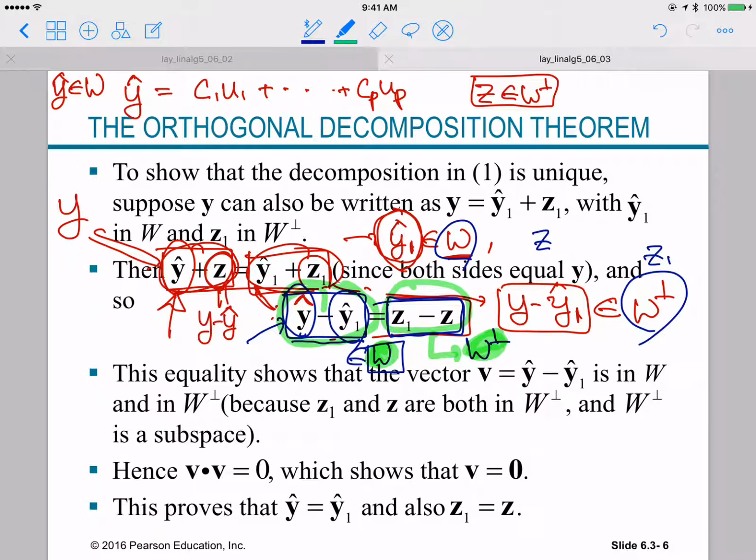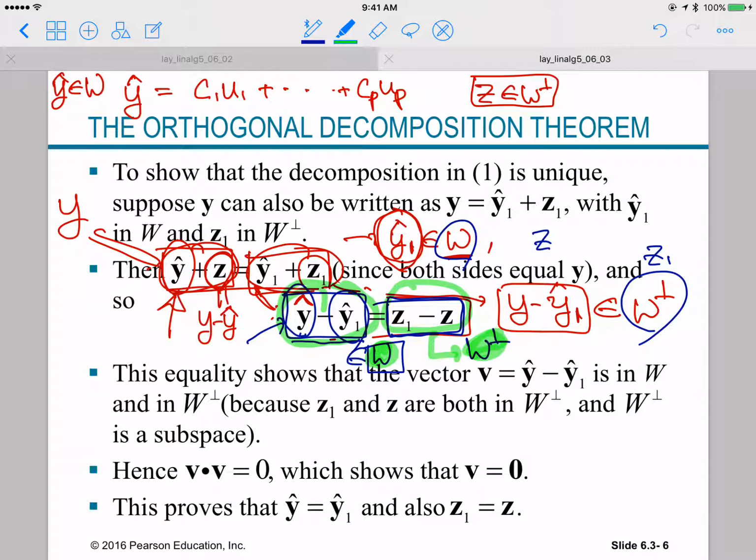W and W perpendicular, what was the relationship between them? You pick up any vector from one space and another vector from the other space, and then you do the inner product, and it should always be zero. The inner product should be zero because they don't overlap at all, right? So their intersection should be only the origin. There is no other vector.